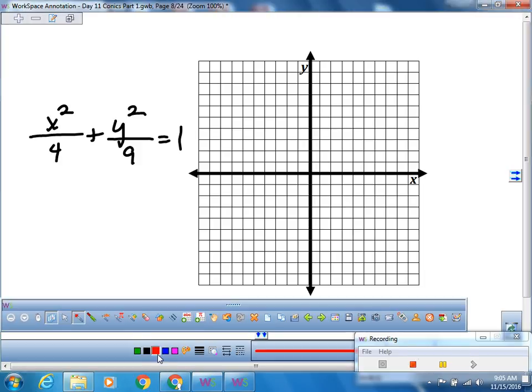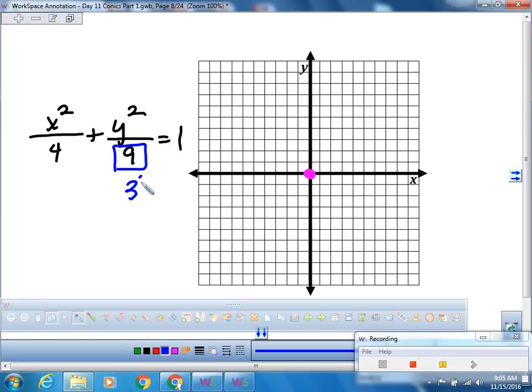So my center is at 0, 0. My major axis is this one, which is 3 squared, right? Which is up 3. 1, 2, 3. Can you guess what the major error is going to be? It's going to be going 4 that way.